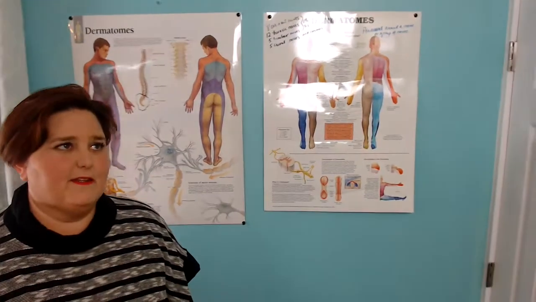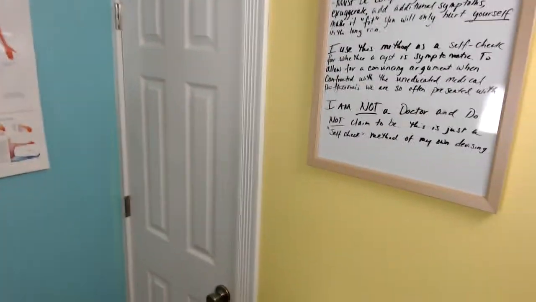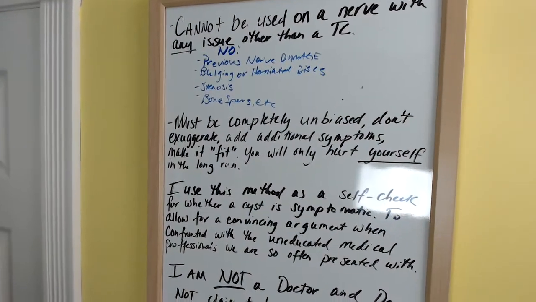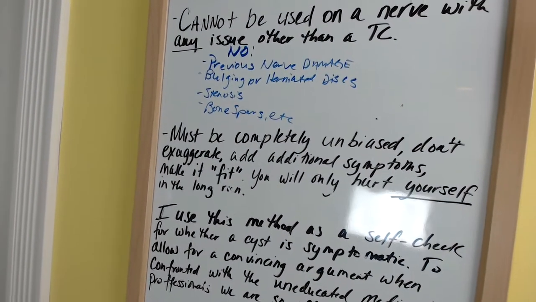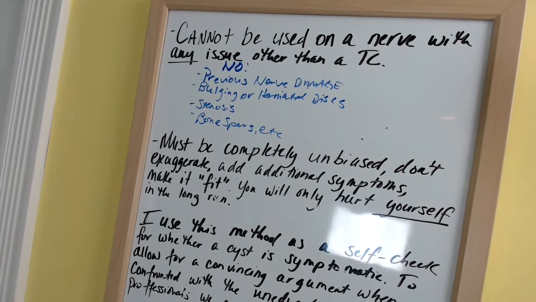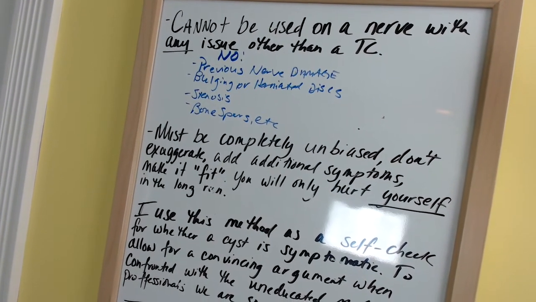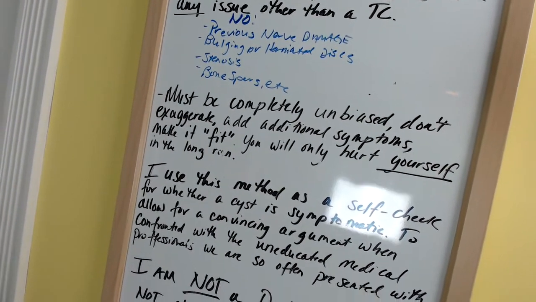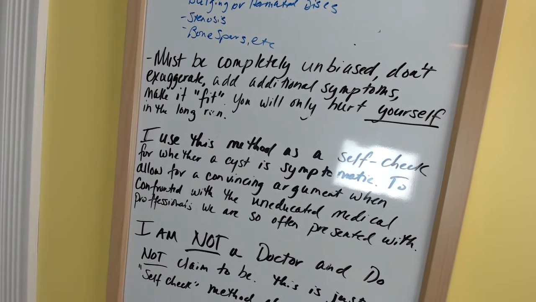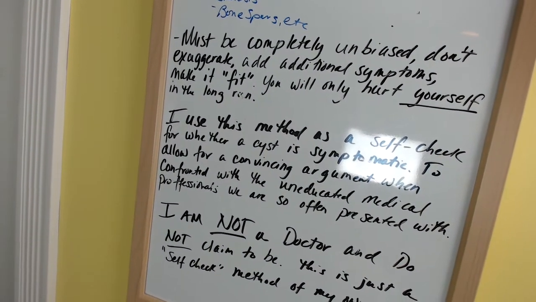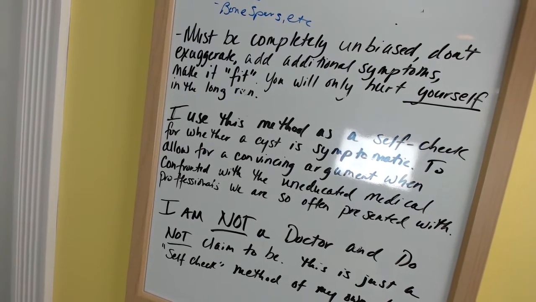When you use this method, you can't use it on a nerve that has any other issue other than a Tarlov or perineural cyst. It can't have any previous nerve damage, bulging or herniated disc associated stenosis, bone spurs, etc. And we've all been to that point of frustration where we want anything to fit, so please don't try and make things fit.